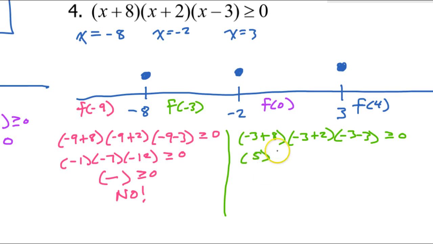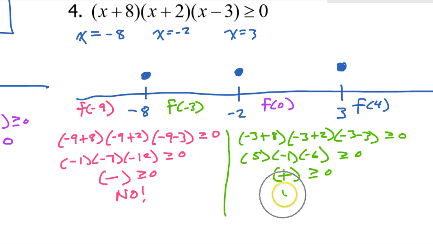So that's going to be 5, and -1, and -6. So this is going to give us a positive answer. So that's going to be a yes. So we will have solutions in this interval.